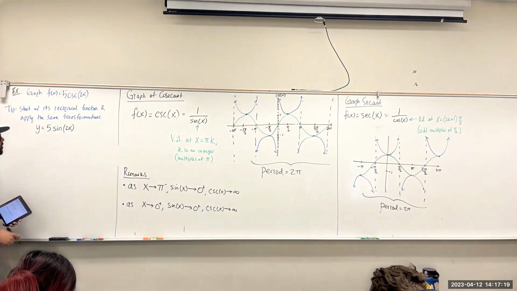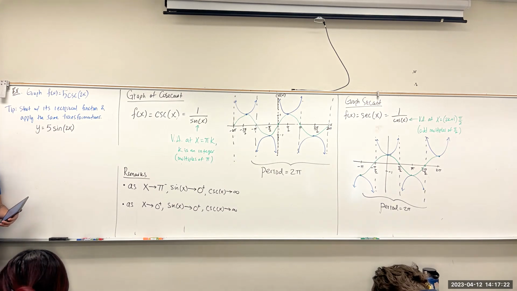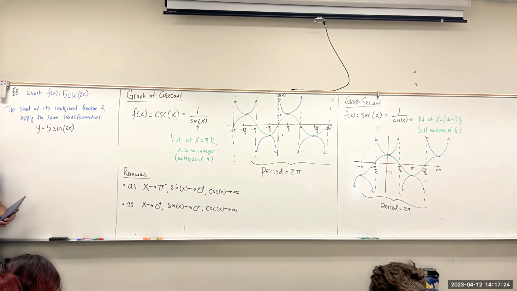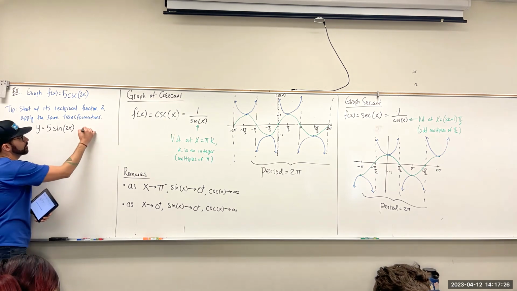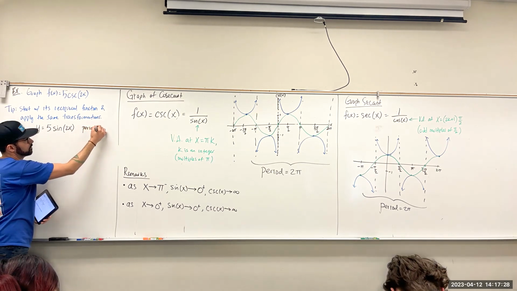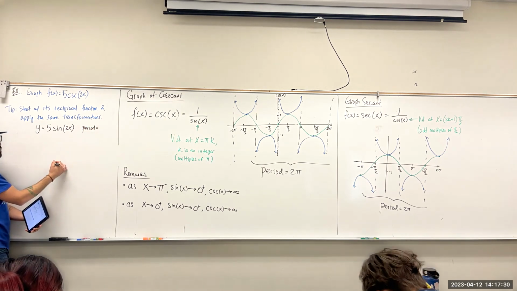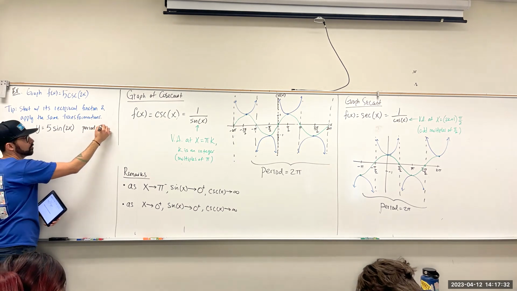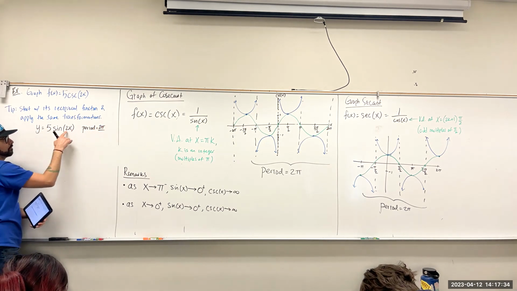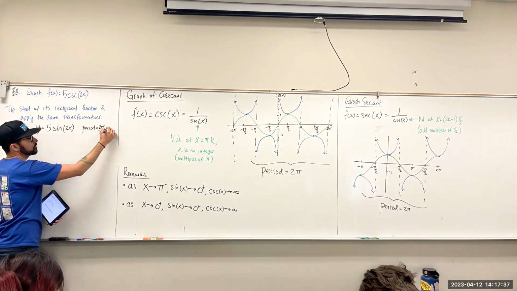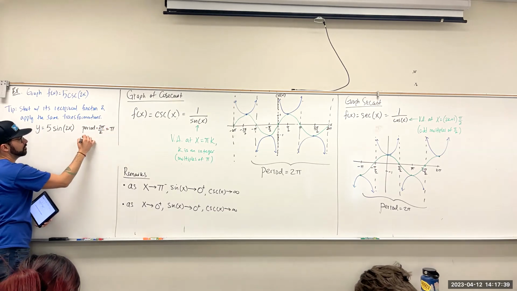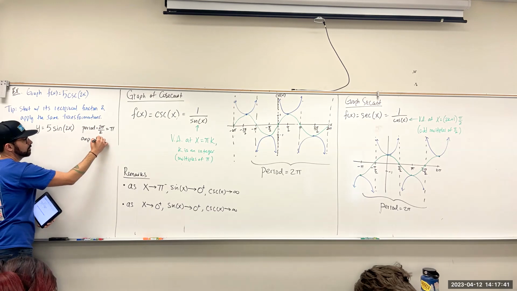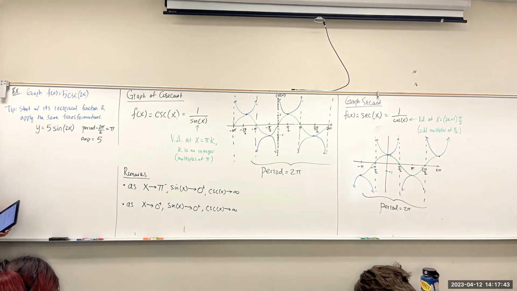All right, help me out here. Let's do the same thing we did on Monday. What's the period of sine here? It's gonna be 2 pi divided by my b value, so 2. So the period's pi. What's the amplitude? 5, whatever this a value is, right?